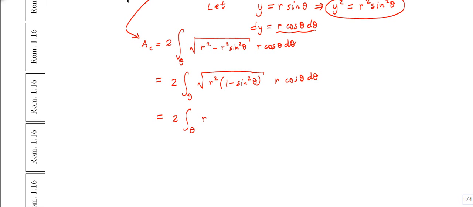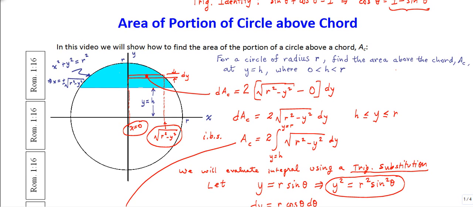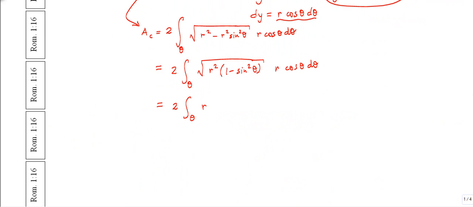Radical of 1 minus sine squared theta, we said up above that 1 minus sine squared theta is in fact cos squared theta, so let's use that result. So we get radical of cos squared is just cos theta, times, of course, r cos theta d theta.